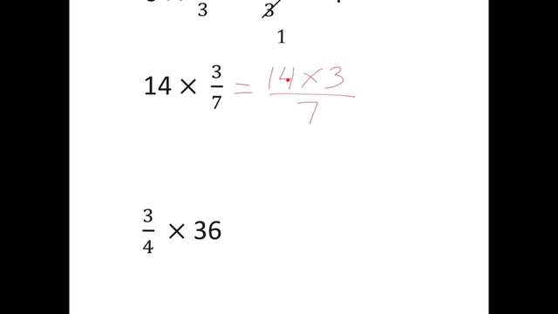So either 14 is compatible with 7 or 3 is compatible with 7, meaning one of these pairs we can divide by a number that they both share. And I'll give you a hint, 14 and 7 both share a number.